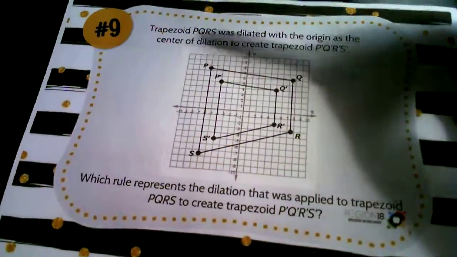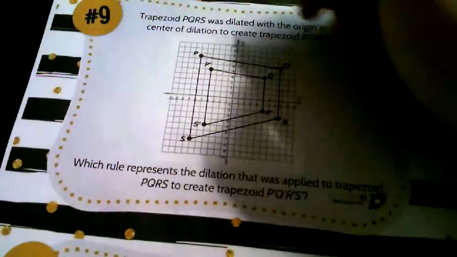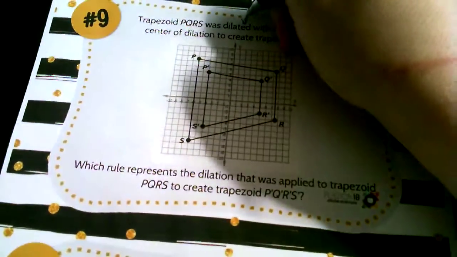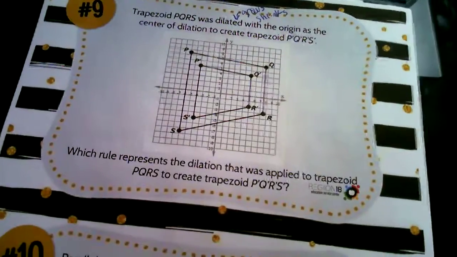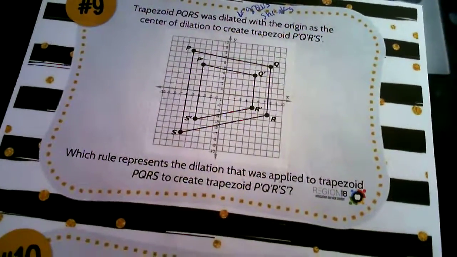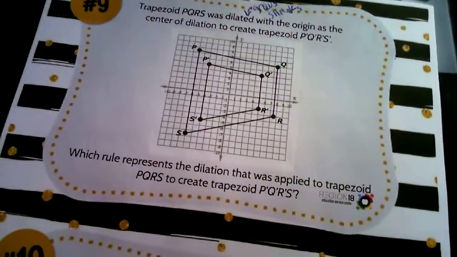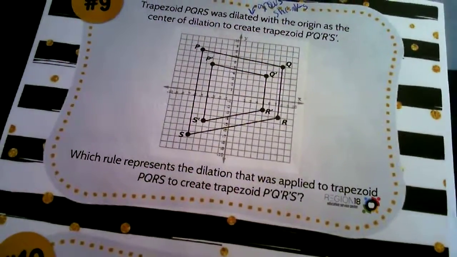Number 9. Trapezoid PQRS is dilated. Again, dilation means when it grows or shrinks. With the origin as the center of the dilation, create the new trapezoid. Which rule best represents the dilation?